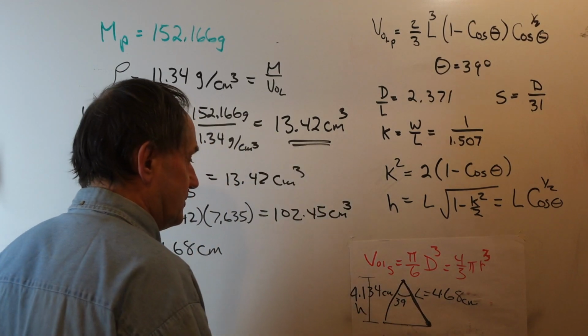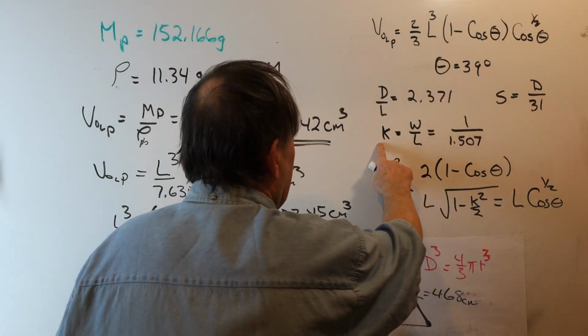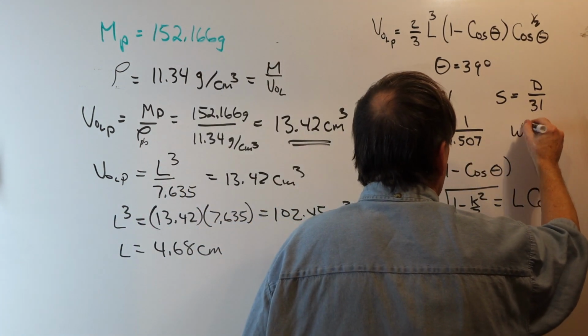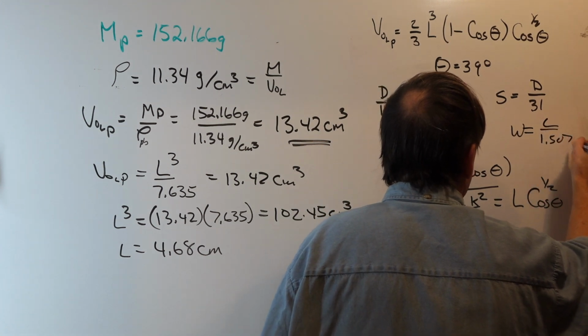That's our height H. And then the base, by knowing L, we can solve for the width, or the base length, which is just L over 1.507.